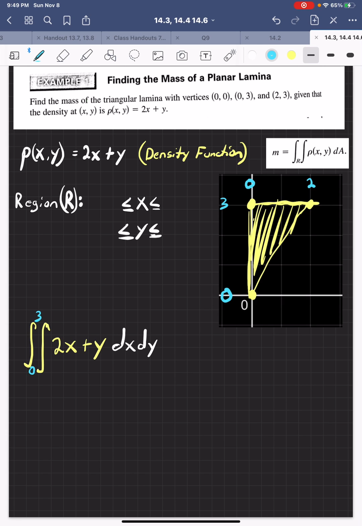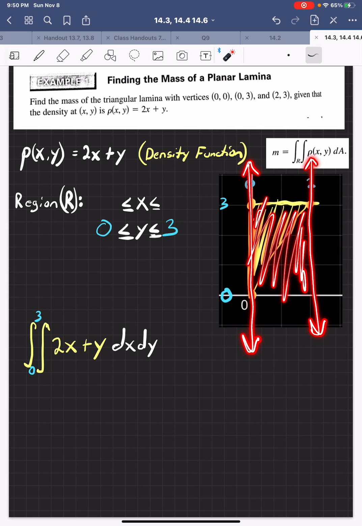Okay, now I have to think about the x. So we're going to be going from 0 to 3, and the idea is, starting here at 0, as we start moving to the right, we're looking left to right now, so we want x to be between here, where x is 0, but notice that we can't go from x is 0 to x is 2, because if you did, you would have this region, right?